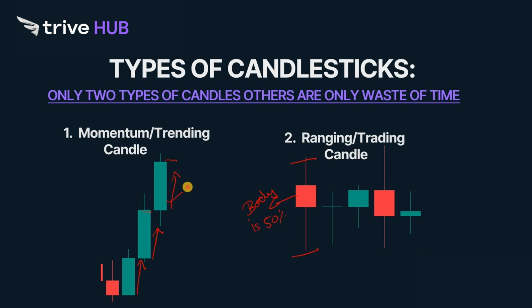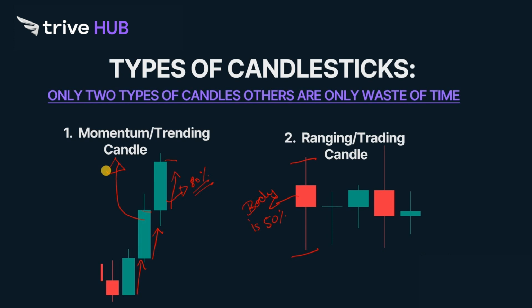But here in the momentum candlestick, they have like 80% body size. And for definition purposes, if the body size is more than 50% of the total candle size, then it will be categorized into the momentum candle segment.